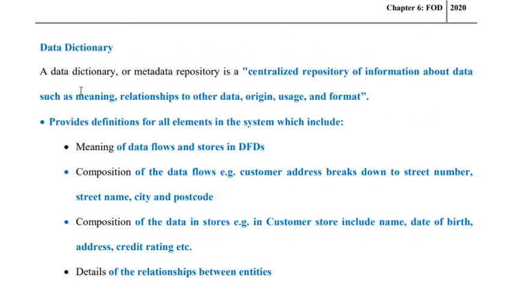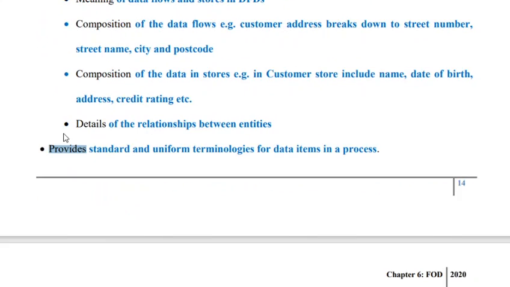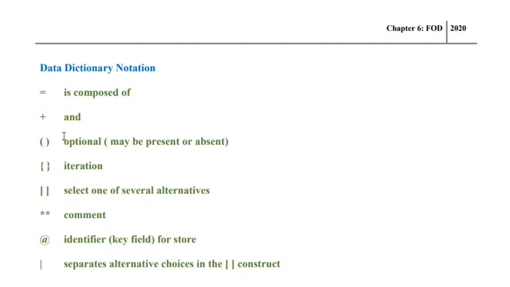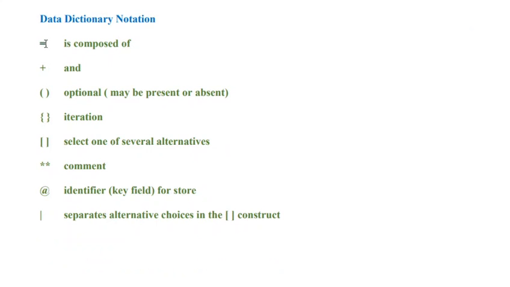So what we have learned is what a data store is, what the importance of the data store is, and what it has in it. Now there are various data flow notations that we can follow. Equals represents equivalence or is composed of, plus represents and, a pair of parentheses is optional, a pair of curly braces is iteration, a pair of square brackets is selection, then comments and identifier for store, and then selection between different choices in case of alternatives.